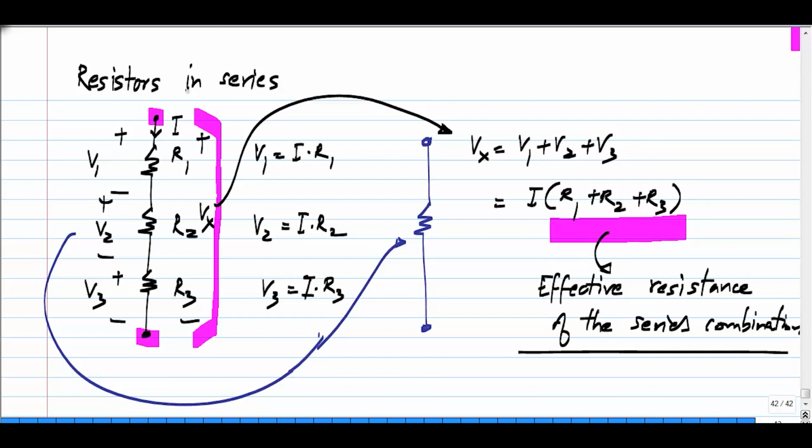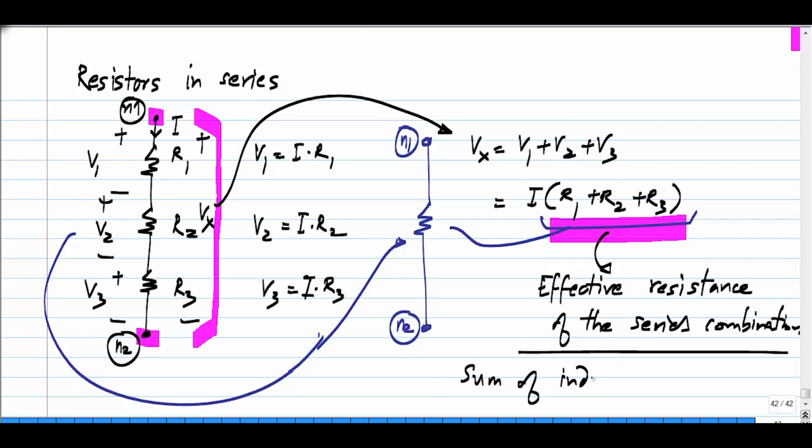If I mark the two ends, let me call them perhaps terminals N1 and N2. So between N1 and N2, I have a single resistor whose value is given by this whole thing. So the effective resistance of a series combination of resistors is the sum of individual resistances.